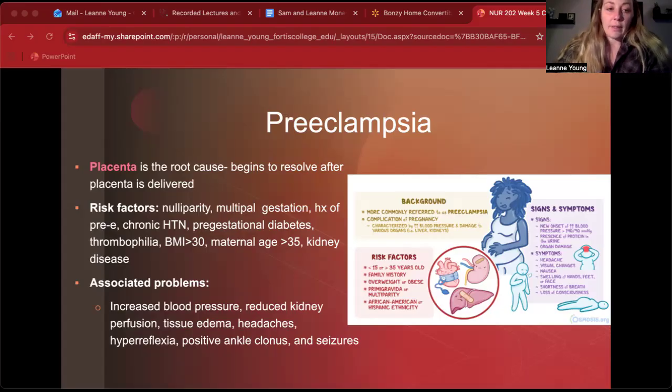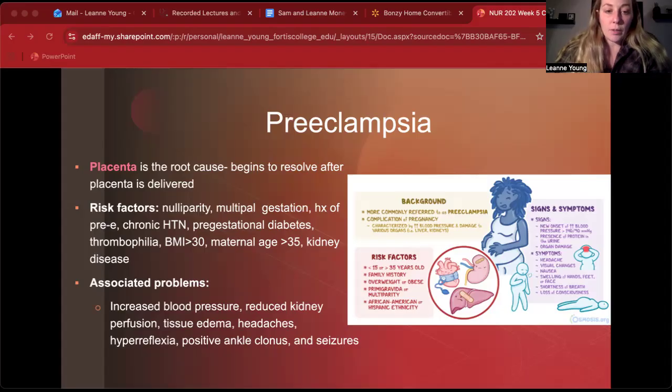She'll have headaches and hyperreflexia, so her reflexes are not just +2, they're going to be +3 or +4, super hyperreflexic. Positive clonus, and then in severe cases, if her blood pressure is left untreated and elevated for prolonged amounts of time, she's at risk for developing seizures.